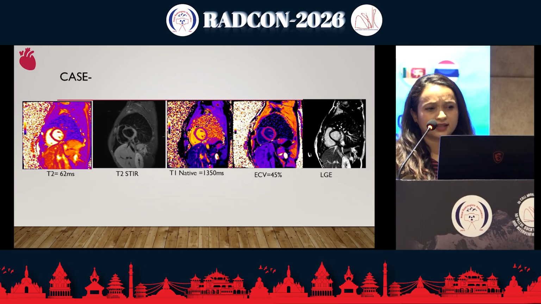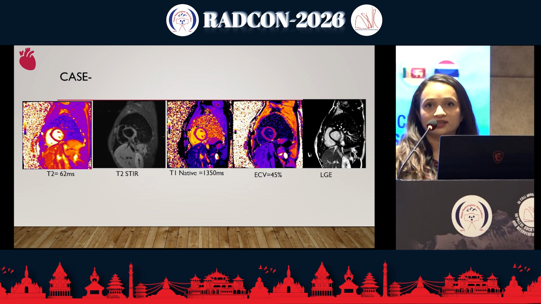So going on with some of the cases of myocarditis that we encounter in our institute, and this is the case. The patient presented with the history of acute chest pain, and she has an elevated troponin level, but her ECG and echo were not that significant, and coronary angio was done and it was found to be normal.